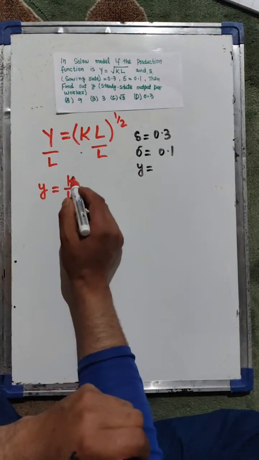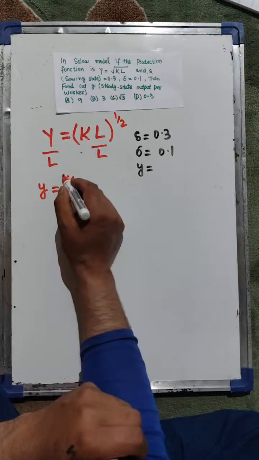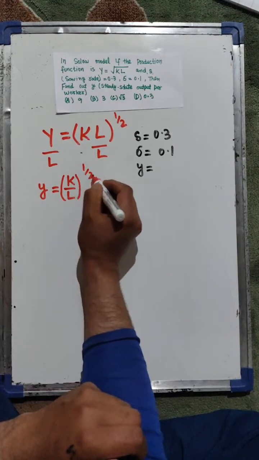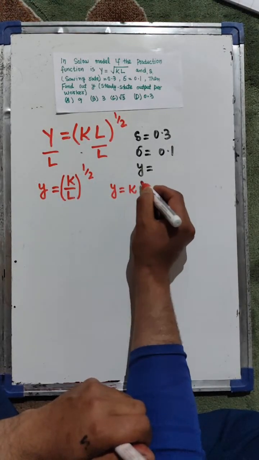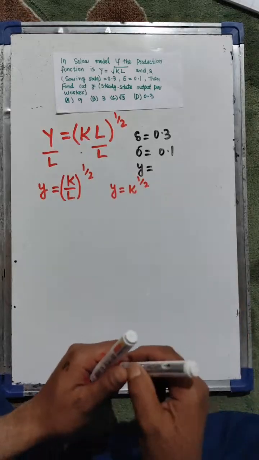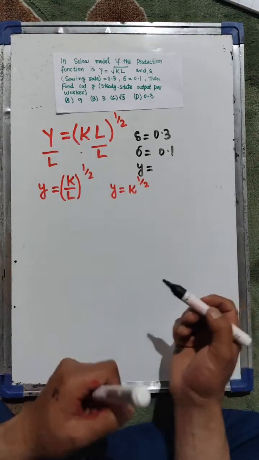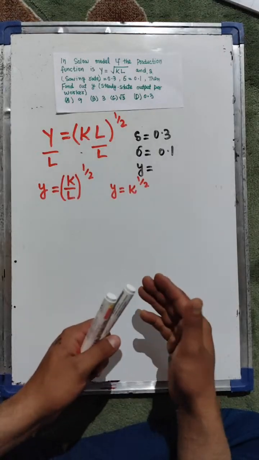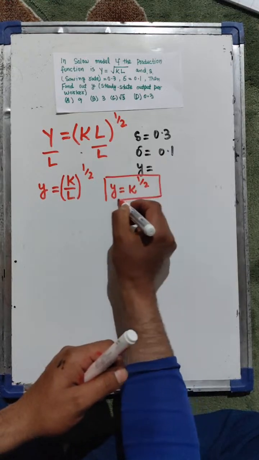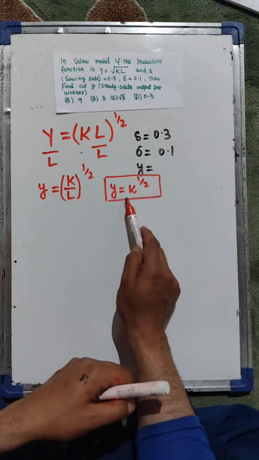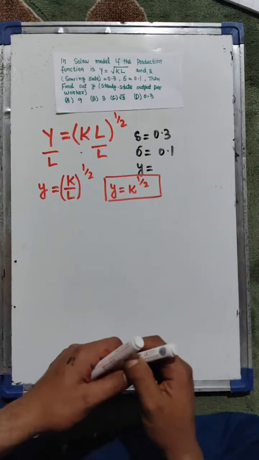So y is equal to K upon L raised power 1 upon 2, that is, y is equal to small k raised power 1 upon 2. So output per worker is equal to capital labor ratio raised power 1 upon 2.